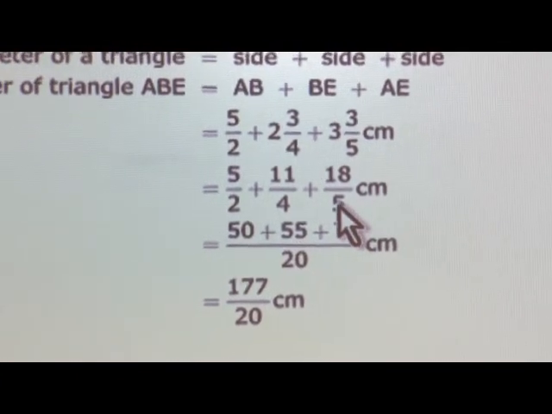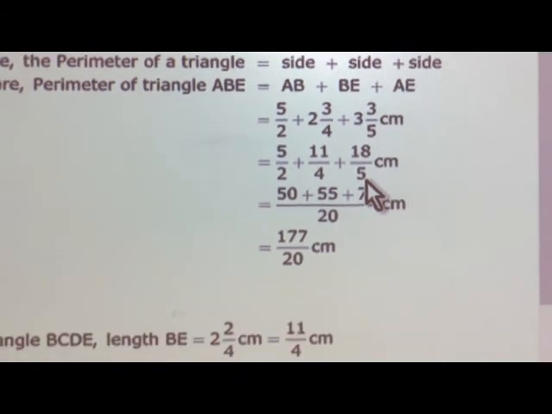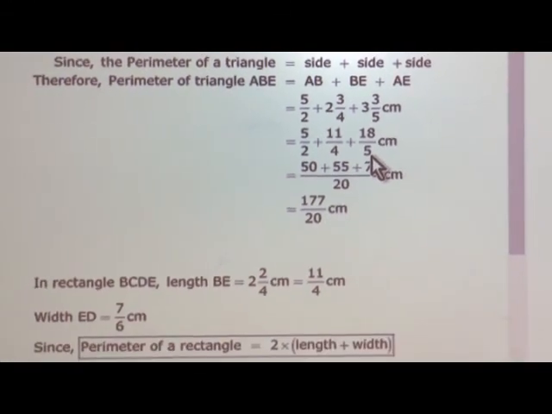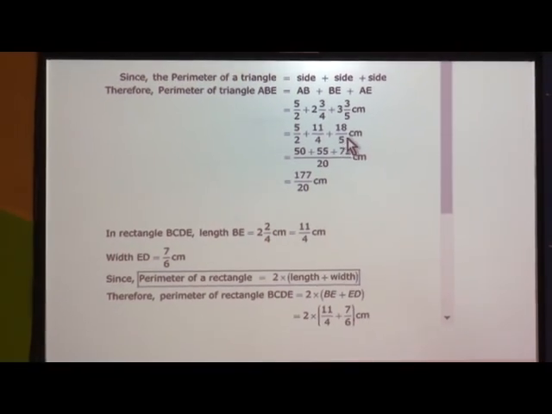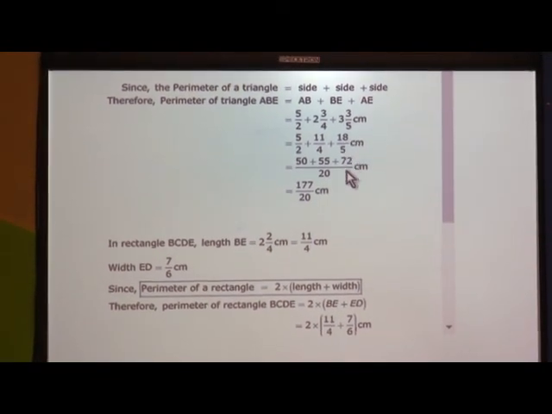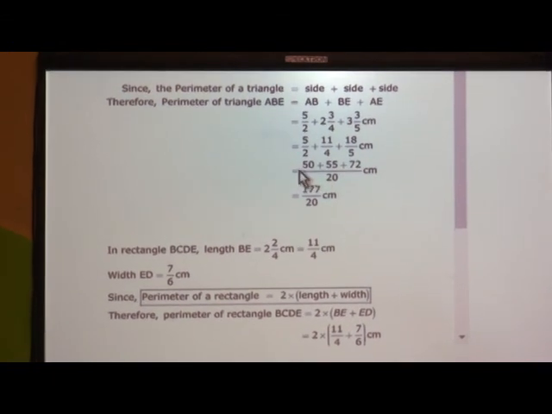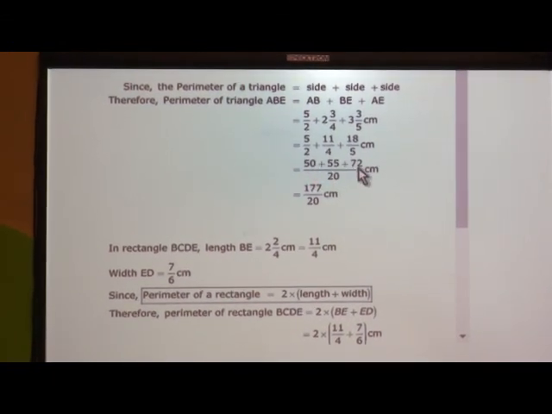To get the denominator 20 from 5, we will multiply by 4. So 18 fours are 72. Now you have all the numerators over a common denominator of 20. Add all the numerators, which gives 177 upon 20 centimeter.